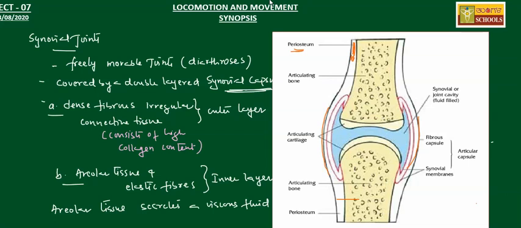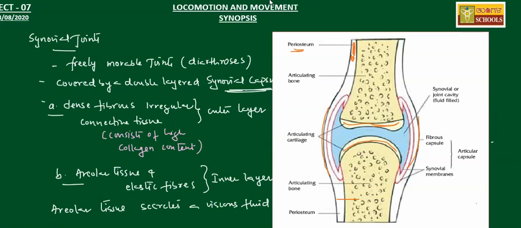And here you have a cartilage, present at the ends of the bones. You can see the inner layer, an areolar tissue, producing a viscous fluid called synovial fluid, filling the synovial cavity. That acts as a lubricant and helps in the free movement of the joint.